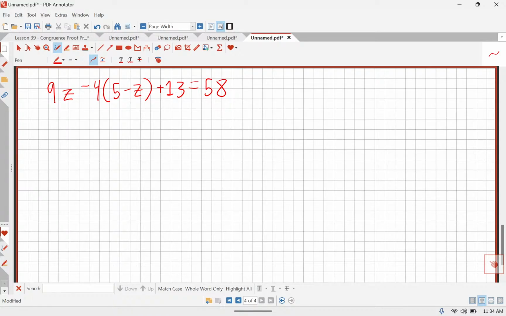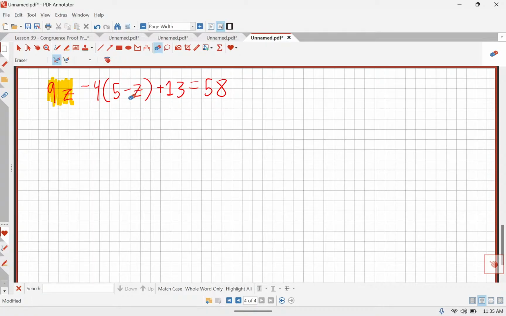So here's the thing about Abby's way. We currently have the Z's in two separate places. So when I'm trying to carve stuff away from the Z, I'm not sure which one I'm meant to do. I could subtract 13 from both sides, but now I'm left with 9z minus 4, open parentheses, 5 minus z. I don't know what to get rid of next.